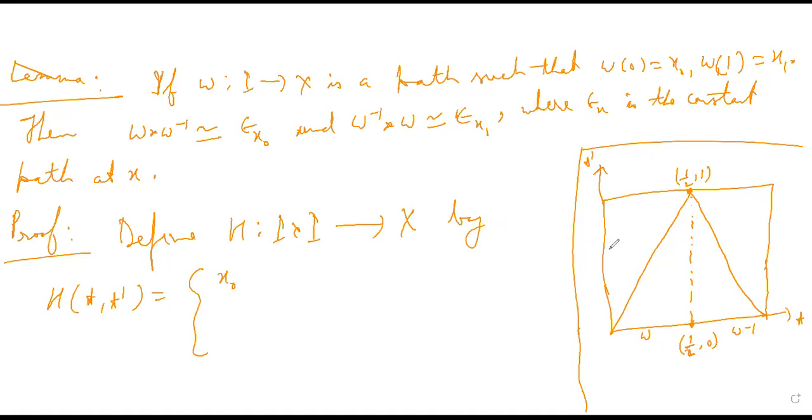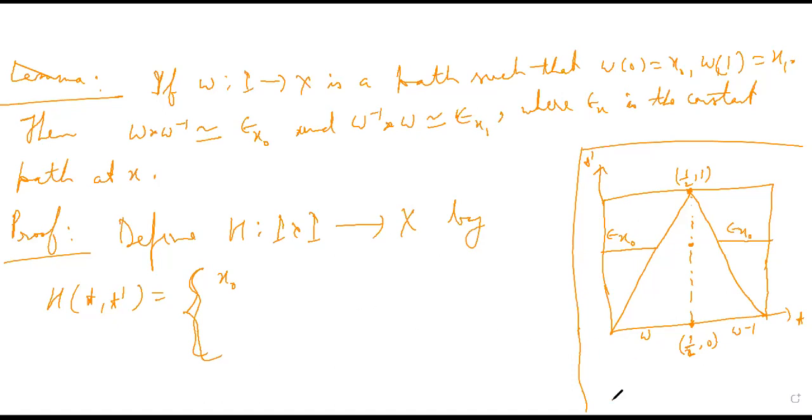So you see, this portion means x naught, basically epsilon x naught, you can see, right? And in this portion, it is omega, not exactly omega. So we will see what map we have. Let me just give a picture.